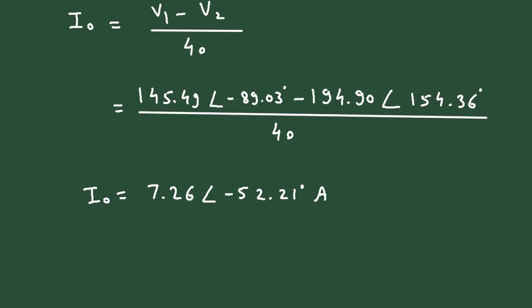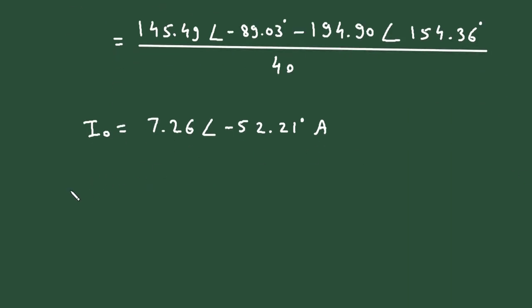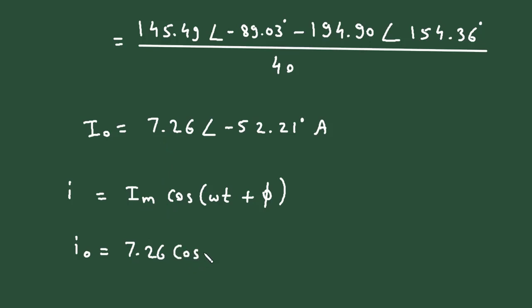Now this is in phasor domain. In time domain, small i is equal to IM cos omega t plus phi. So we have to find the value of IO. IO is equal to IM value 7.26 cos.